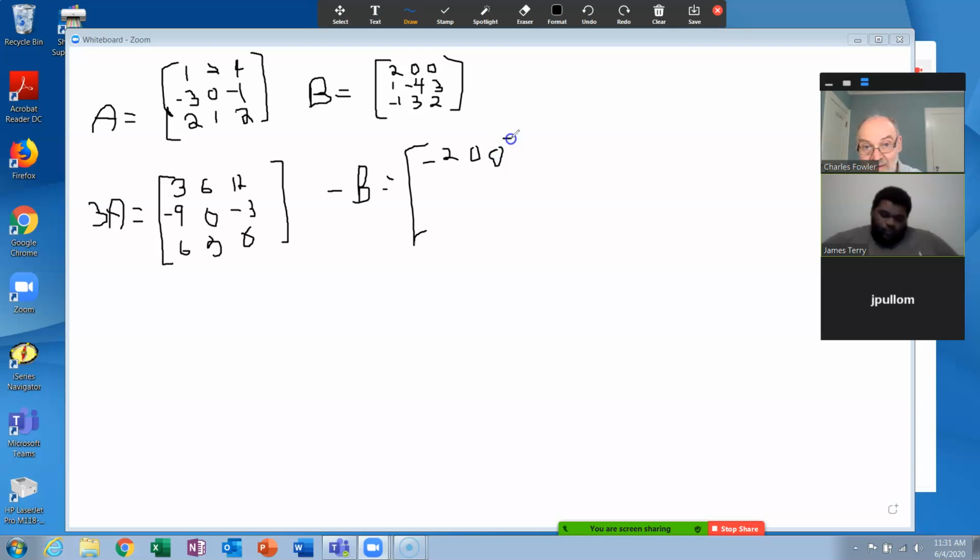First row. Second: -1, 4, -3. Then 1, -3, -2.